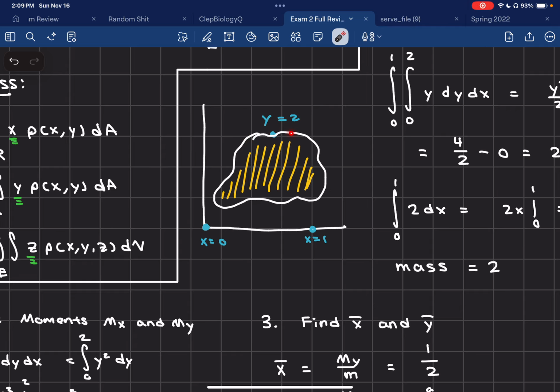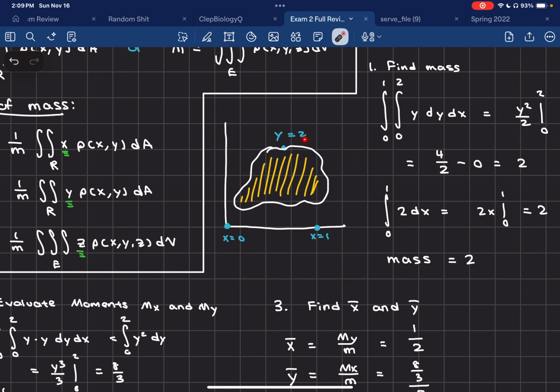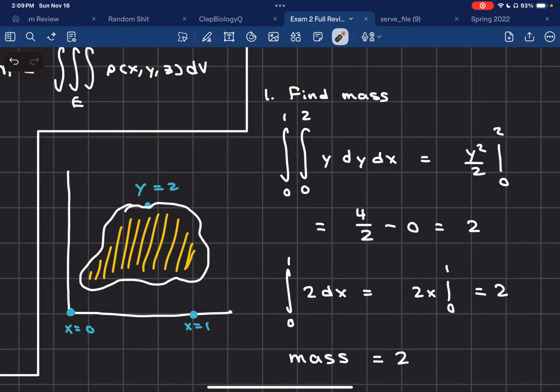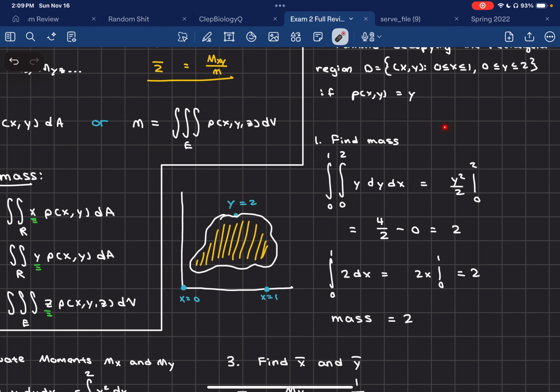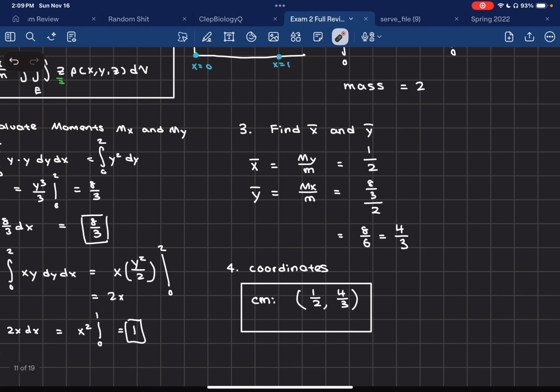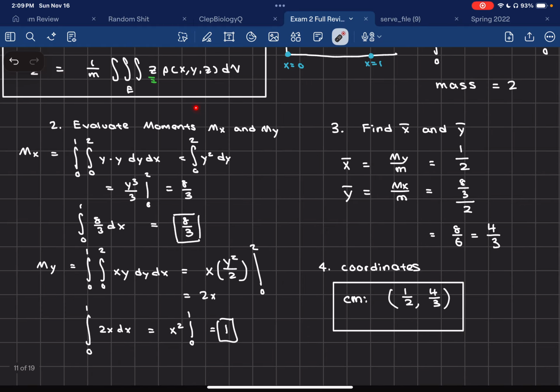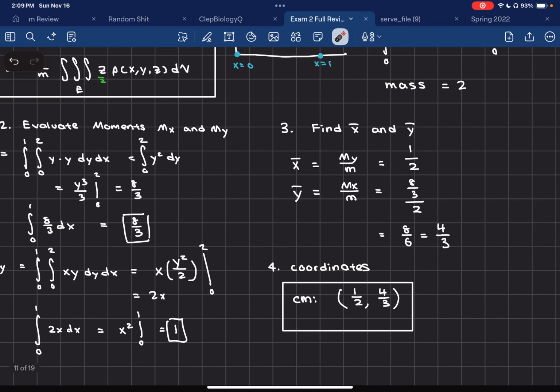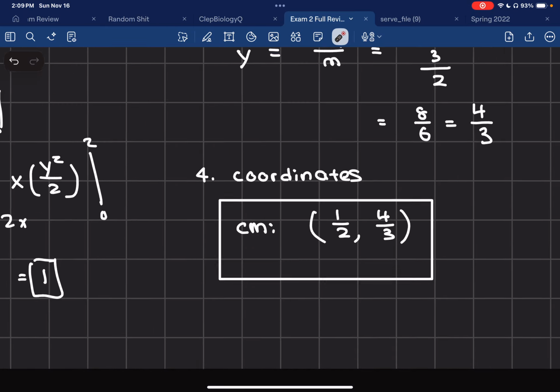It could look like this, but it could also look like that, or something very strange. So you can see, the first step is always to find your mass, and then find your x bar and your y bar using the moments. Once you have your moments, simply divide your moments by the mass, and that will find your center of mass.